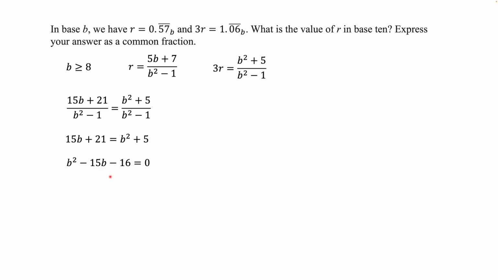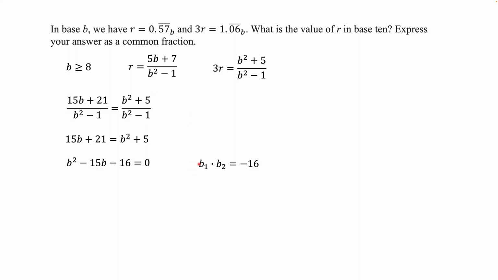And for a monic polynomial, this intercept, minus 16, represents the product of the roots of this polynomial. Okay? So in general, a quadratic equation gives me two roots, b1 and b2, and their product should be minus 16. We are looking for integer b.